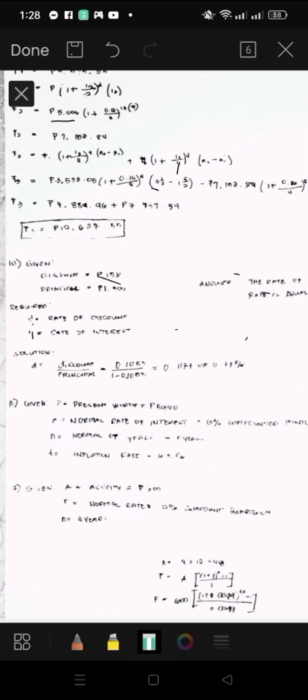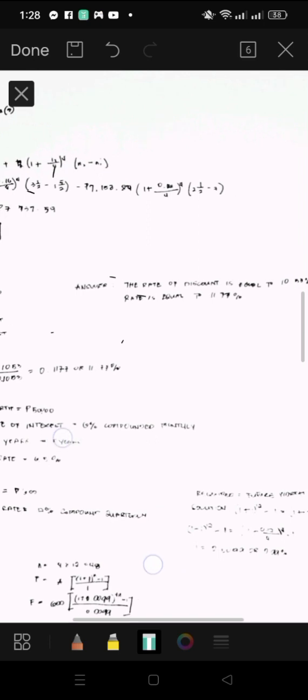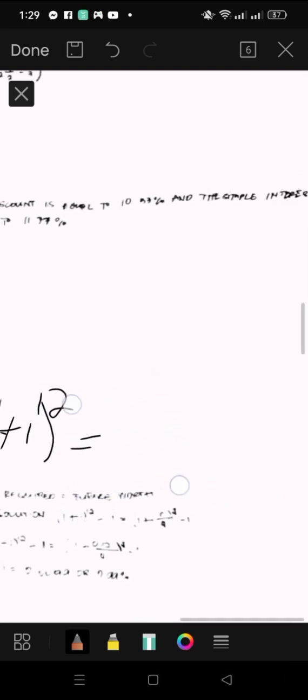So required is future worth. Solution: quantity of 1 plus I raised to the power of 12 minus 1 is equal to quantity of 1 plus R over 4 raised to the power of 4 minus 1.